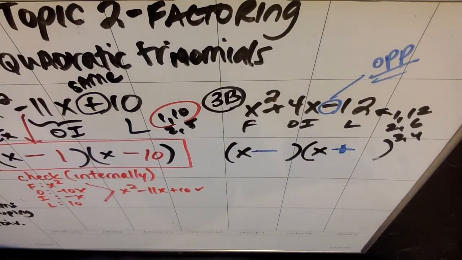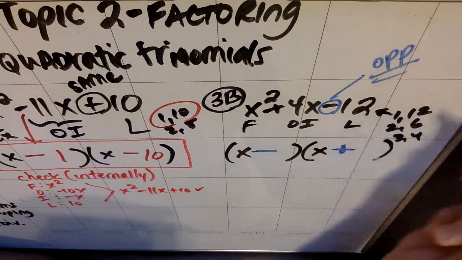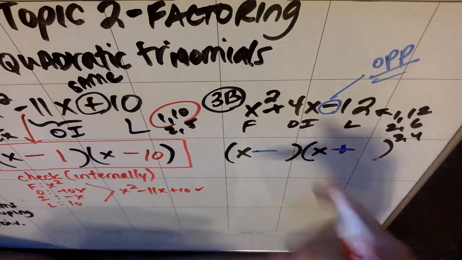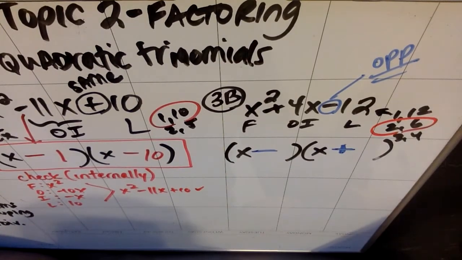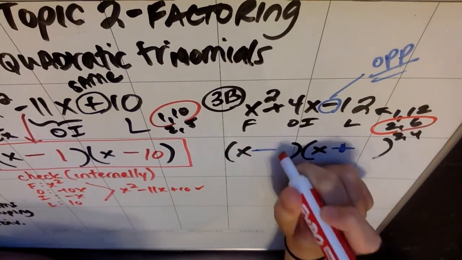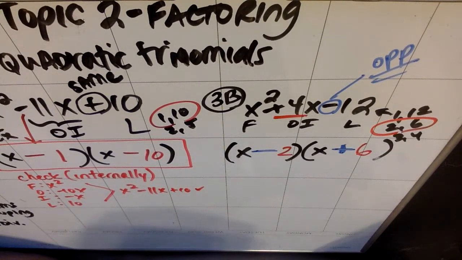So I can't just assume that they're the same sign, and now it does matter which number goes in which spot. So now I look at these combinations, and I think to myself, which of these combinations would give me a positive 4 if they had opposite signs? And I say, oh, it's the 2 and the 6, right? Because a negative 2 and a positive 6 would give me a positive 4, right?